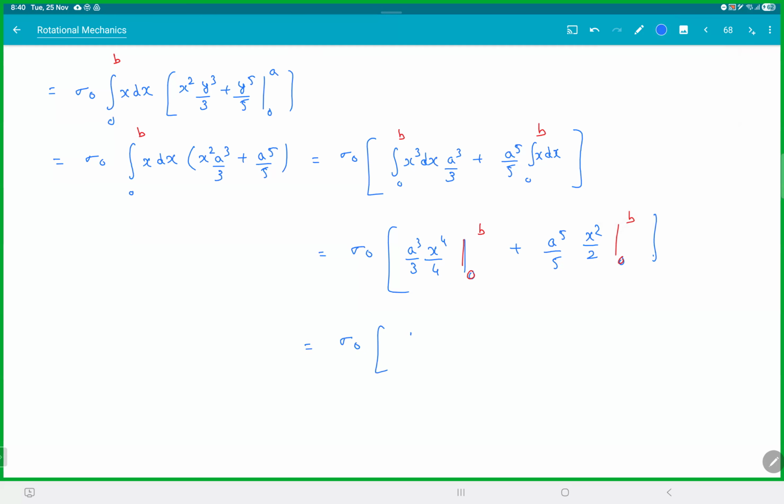This will be sigma naught a cube b power 4 by 12 plus a power 5 b square by 10. There, you could have kept a is equal to b, same thing, not a big deal.